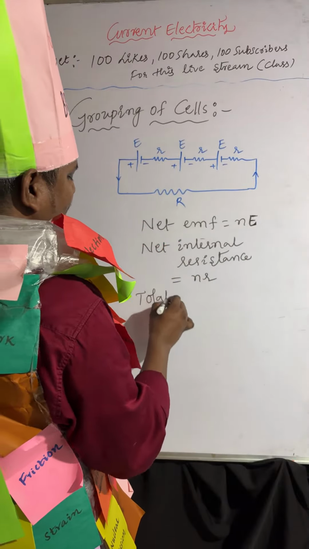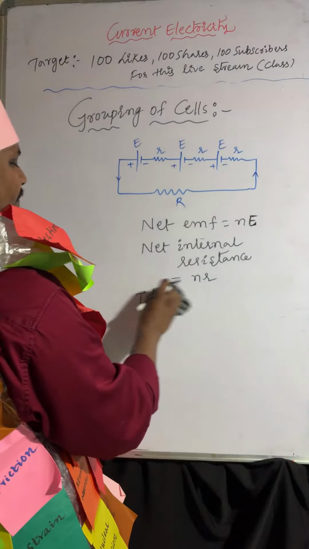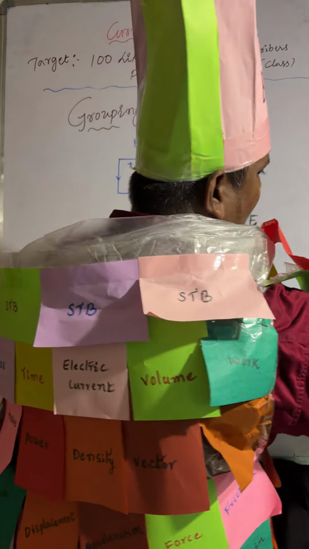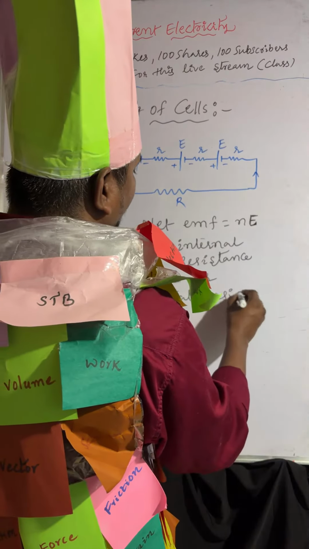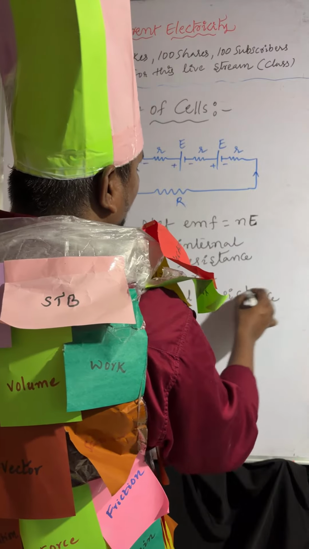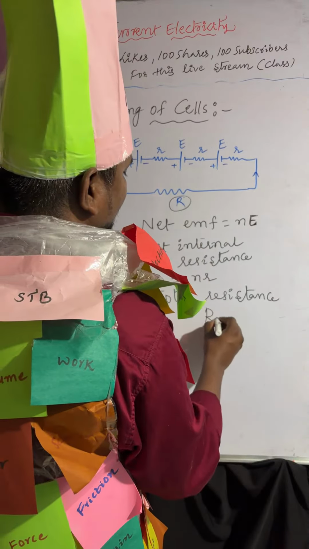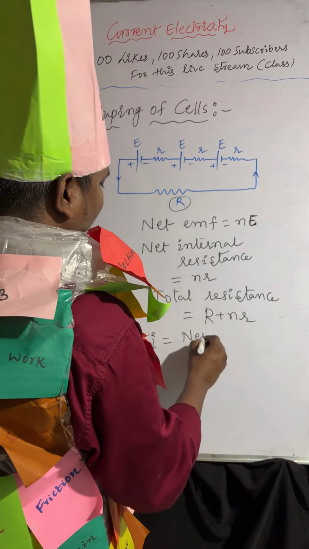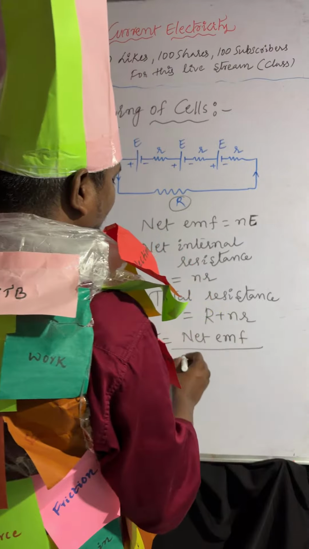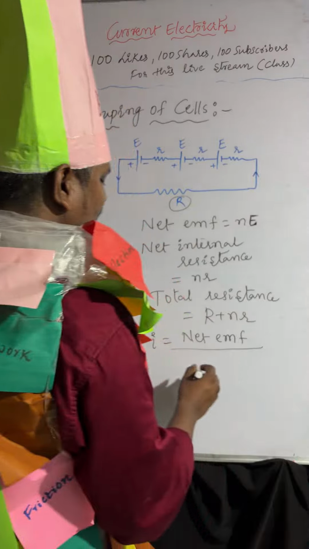Total resistance equal to this capital R you have to add, so R plus nr. Then current equal to net EMF by total resistance.